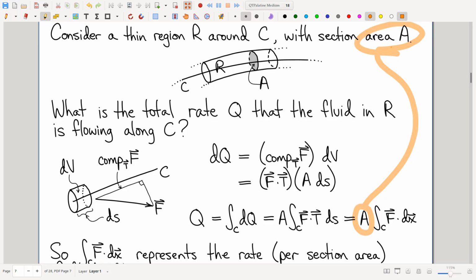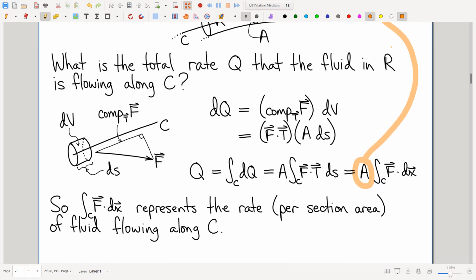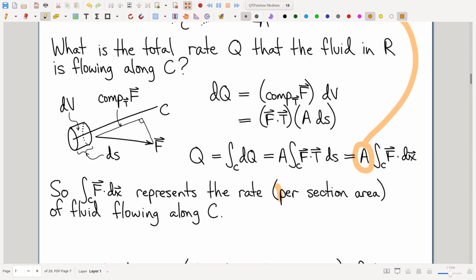But I'm not actually interested in the area. I'm actually interested in the curve itself. So the fact that my answer depends on area is a necessary relic of the way I got my foot in the door. It's not really what I want. What I want to know is per cross-sectional area, right?